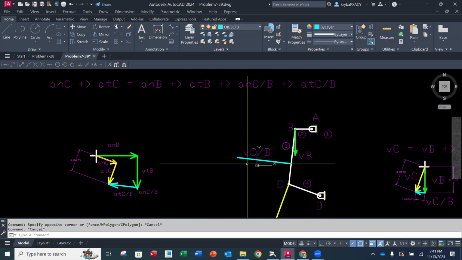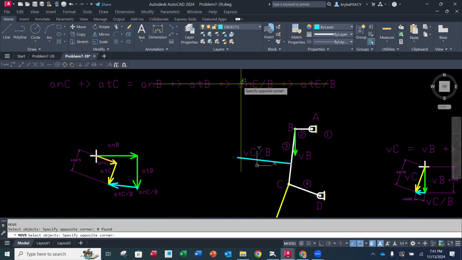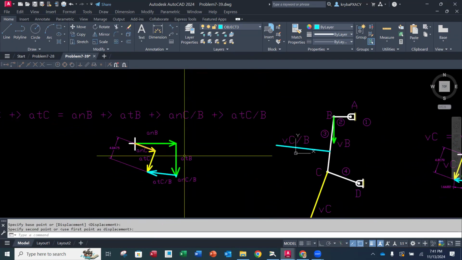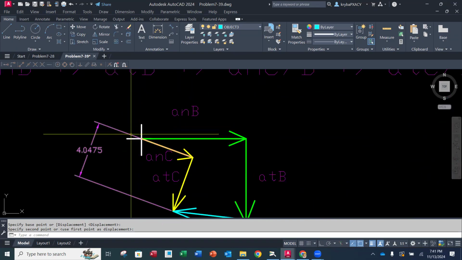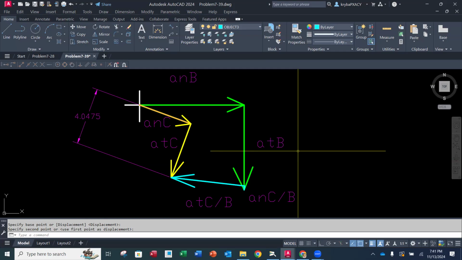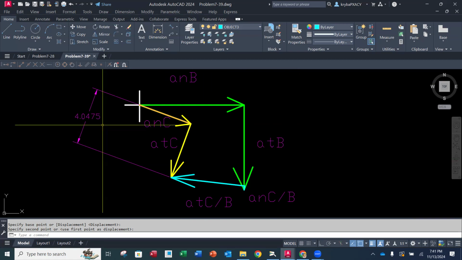And then you're also going to need your acceleration vector diagram with the equation and all of the labels. You don't need to dimension anything but what we needed. In this case, we only needed the tangential component at C to calculate the angular acceleration of link number 4. So that's the only dimension I added on here.